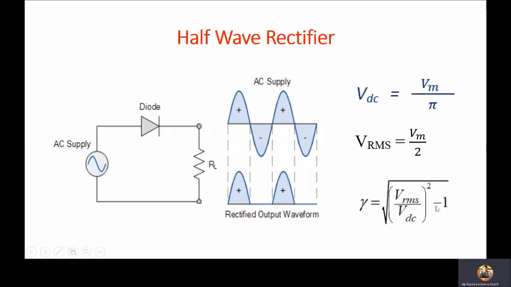So if we know the peak amplitude level of the output voltage, then we can find the DC voltage, RMS voltage, and ripple factor of the output. Next, we will see how to use VLab at VCET to simulate this circuit.